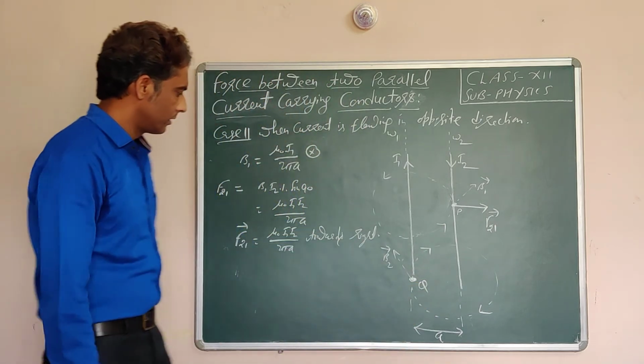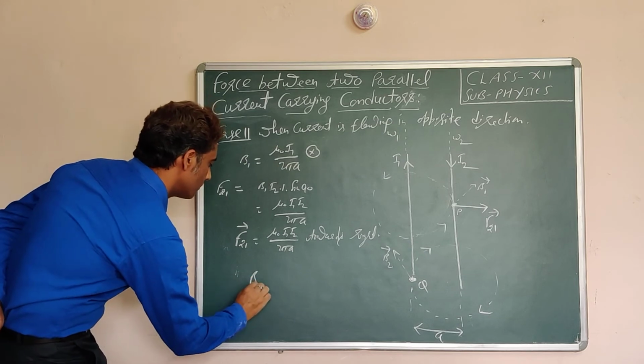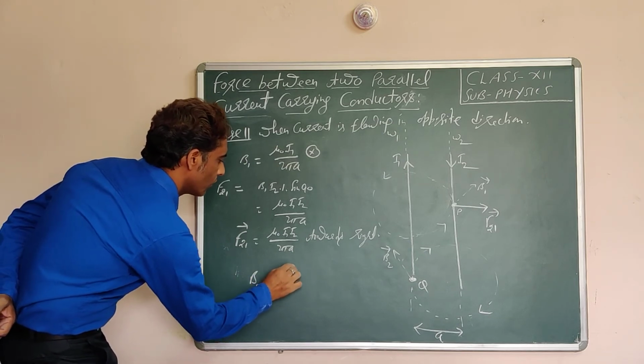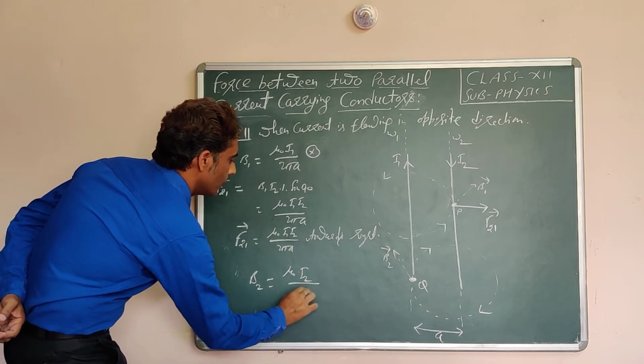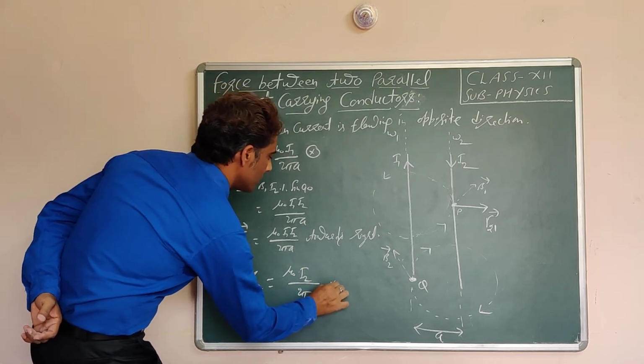Now again, this B2 is equal to mu naught I2 over 2 pi a, and direction is inward.